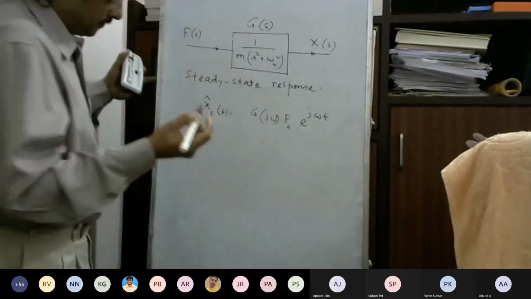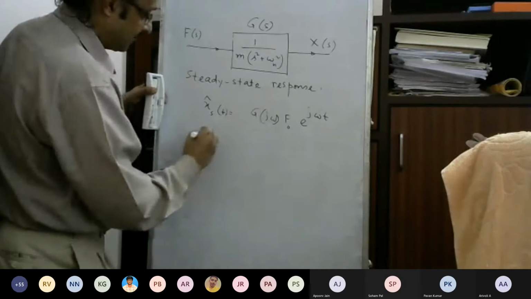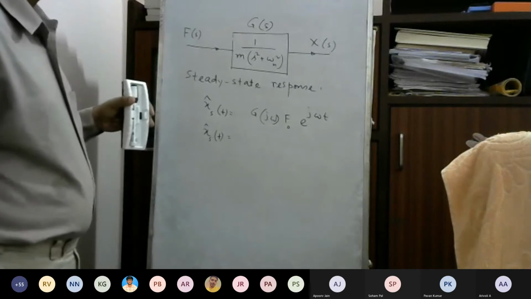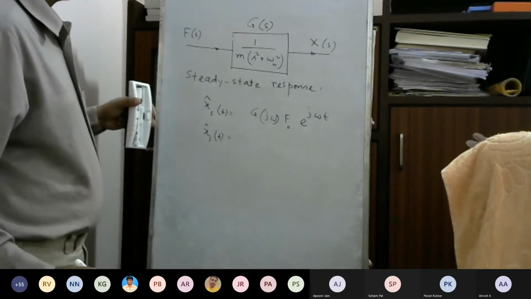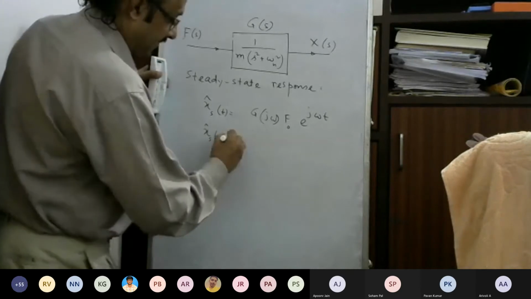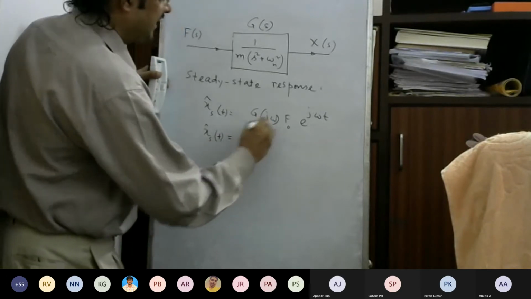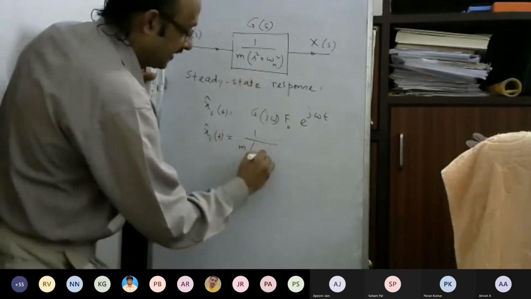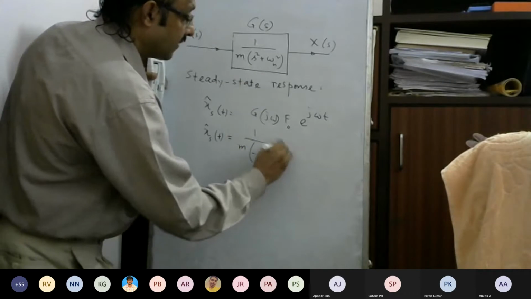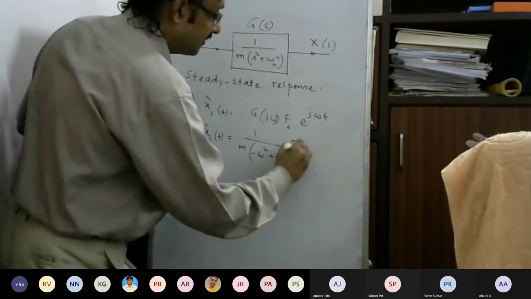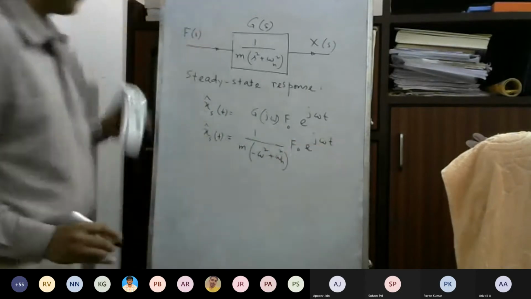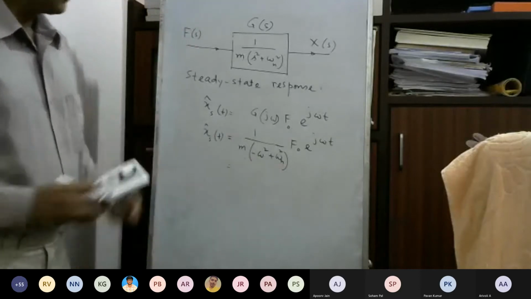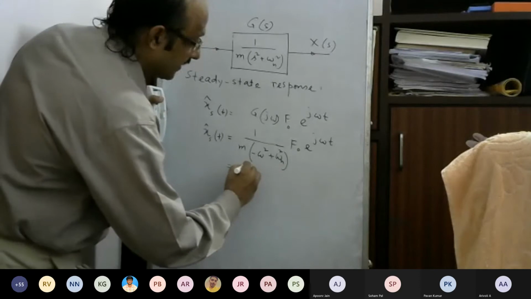Now you understand, since G(j omega) is equal to 1 by m times 1 over minus omega square plus omega n square, if you put omega there, the response x_s(t) becomes F naught e to the power j omega t times that.